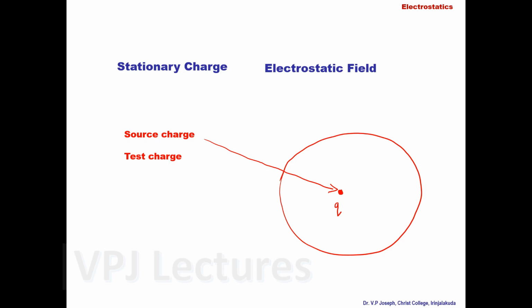And in order to find the effect produced by the source, or to measure the field produced by the source, we will use another charge, represented by the letter capital Q, and it is called a test charge. The magnitude of the test charge Q should be much less than the source charge.